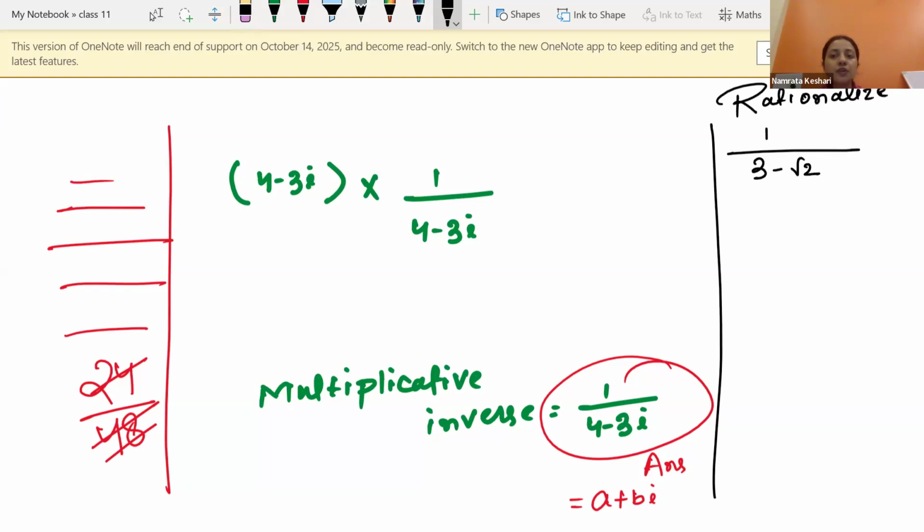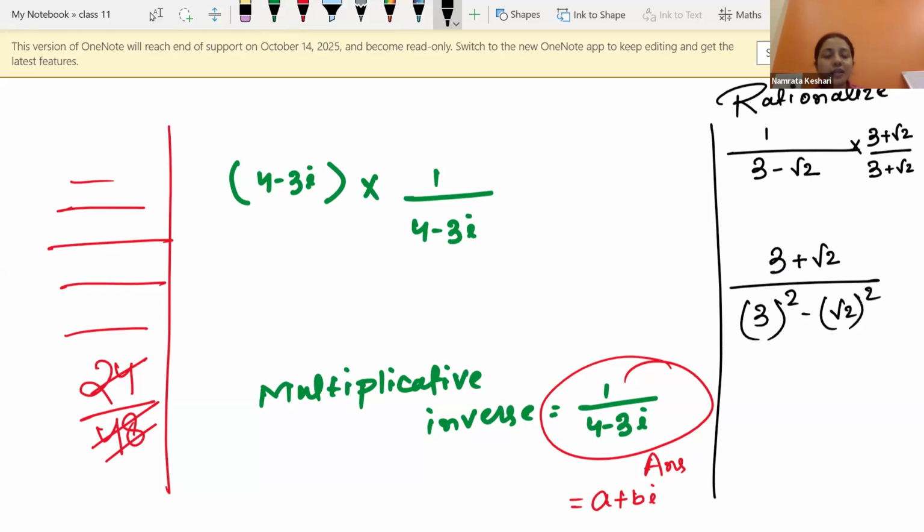What we will do, we will multiply numerator and denominator with 3 plus root 2. Yes or no? Yes, ma'am. Okay, and due to that, the numerator became 3 plus root 2, and the denominator 3 square minus root 2 square. I am telling you the same logic will help you over here, exactly the same logic, for writing your answer in the standard form.